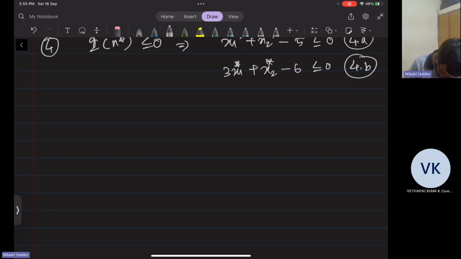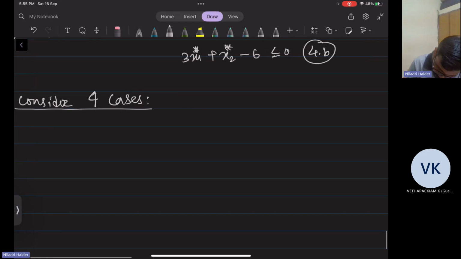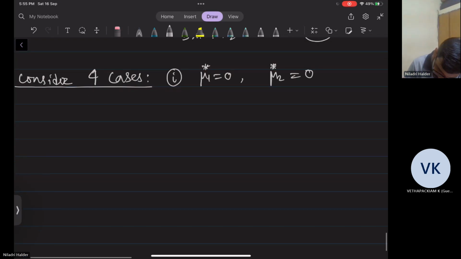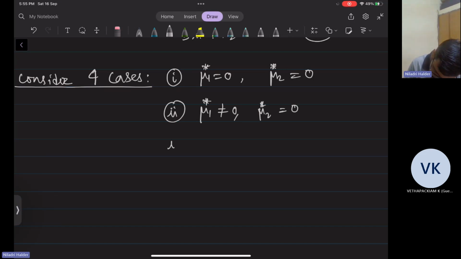Now consider four cases. How to solve this? It will be difficult to solve. Case one: mu1 is equal to 0 and mu2 is equal to 0. Number two: mu1 is non-zero and mu2 is equal to 0.